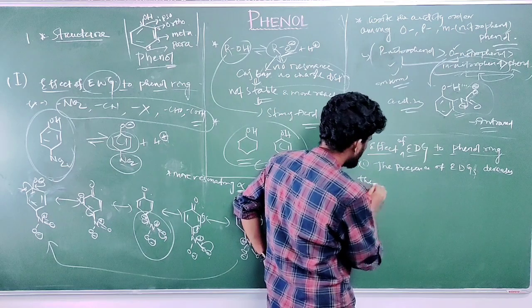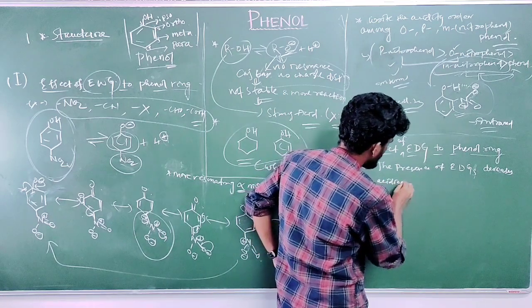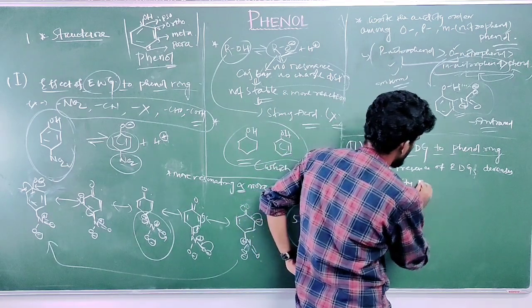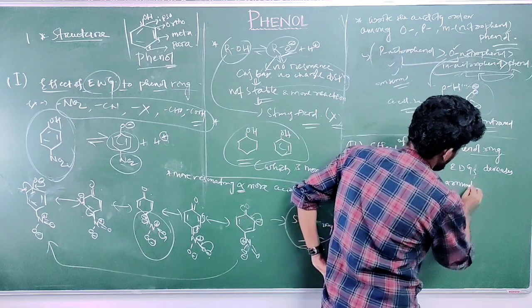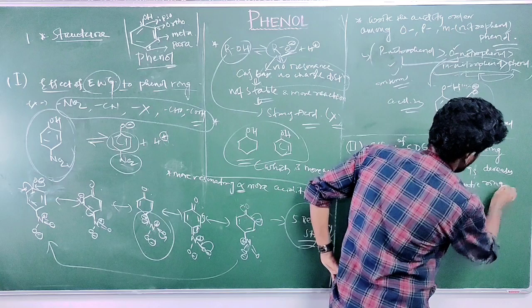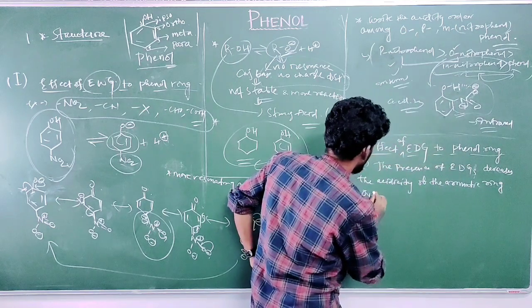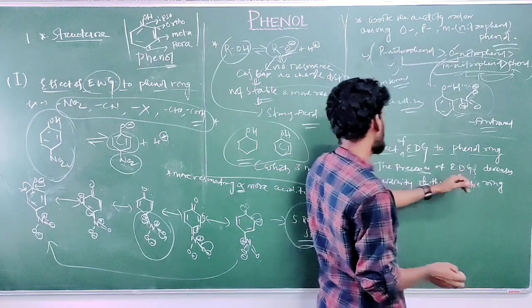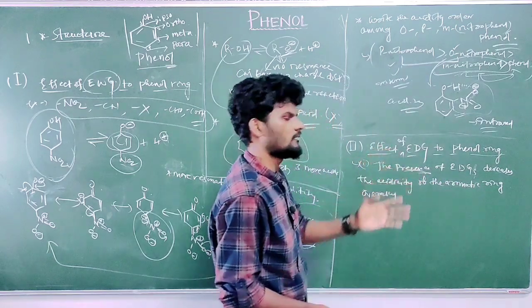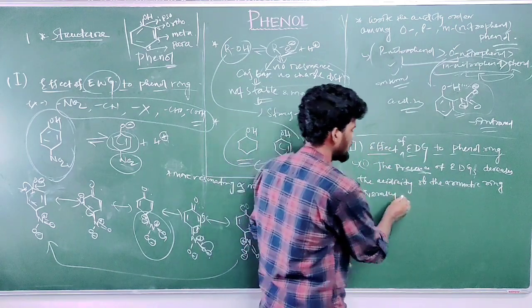the acidity of the aromatic ring, here phenol. This means the presence of these electron donating groups decreases the acidity of the aromatic ring overall. What are examples of electron donating groups?